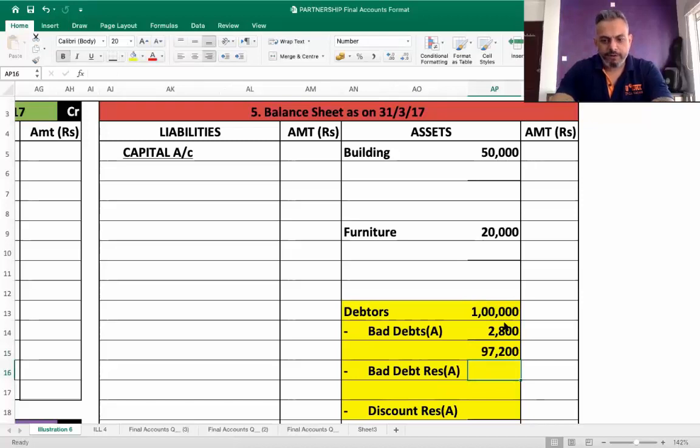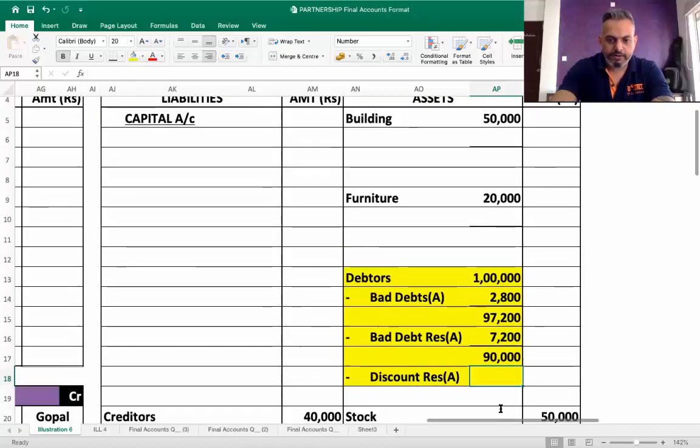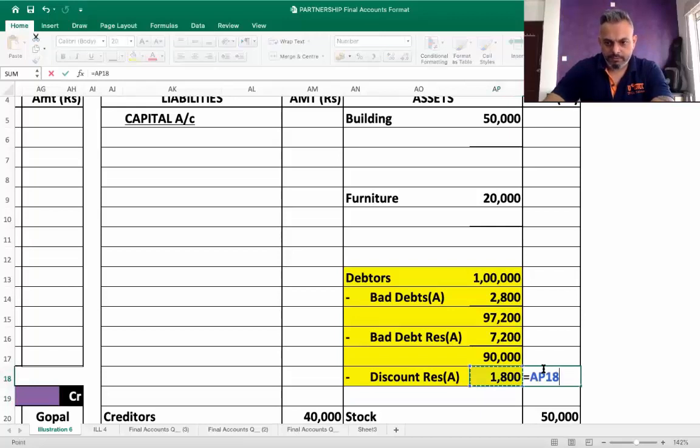Bad debt reserve as per adjustment already given 7,200. And then discount reserve is 2%. So 90,000, 2% is 1,800. Outer column 88,200.